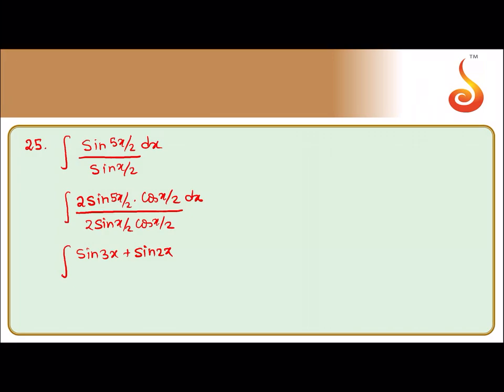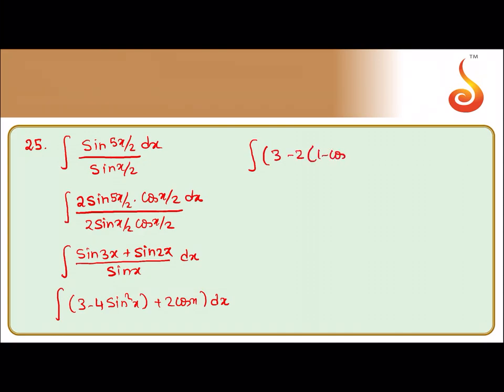So directly, 2 sine a cos b will give you sine 3x plus sine 2x divided by sine x dx. This will give you integral 3 minus 4 sine square x plus 2 cos x dx.